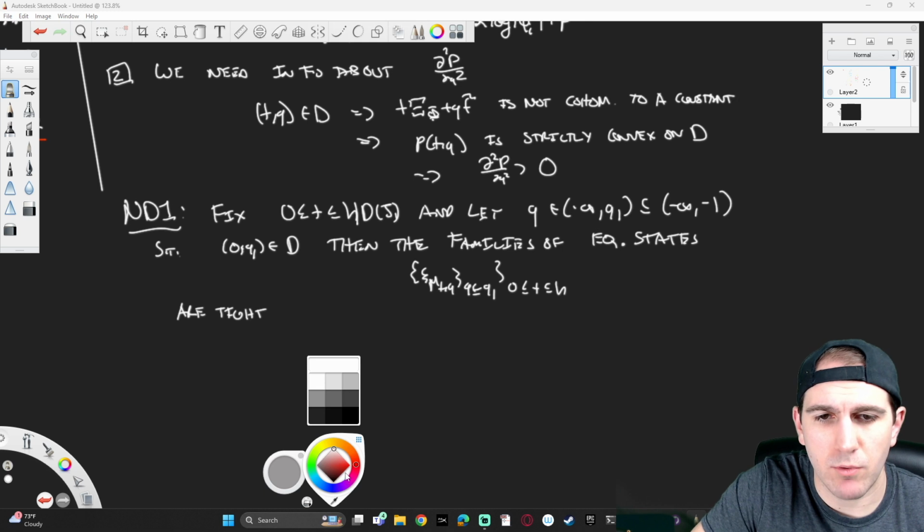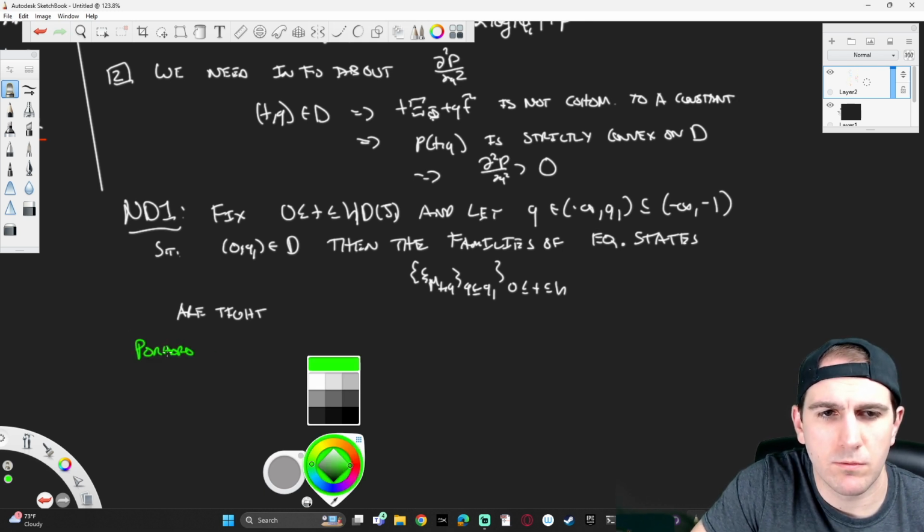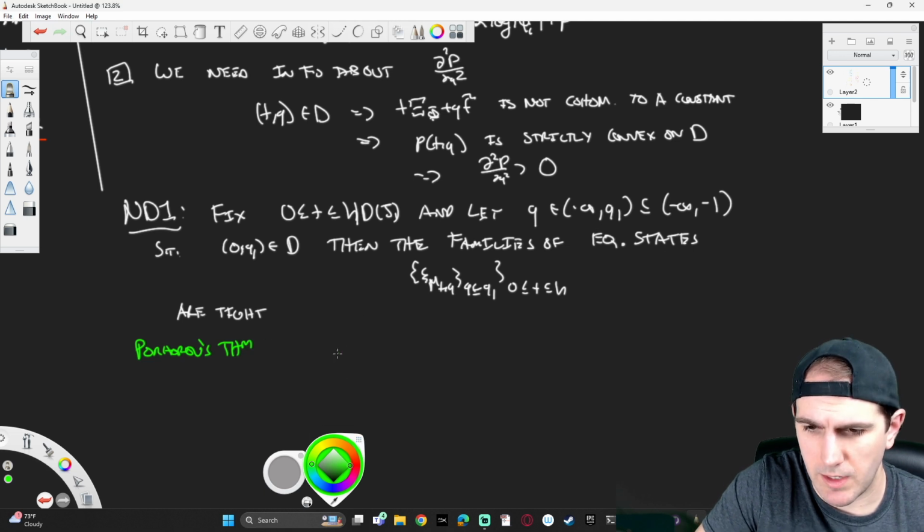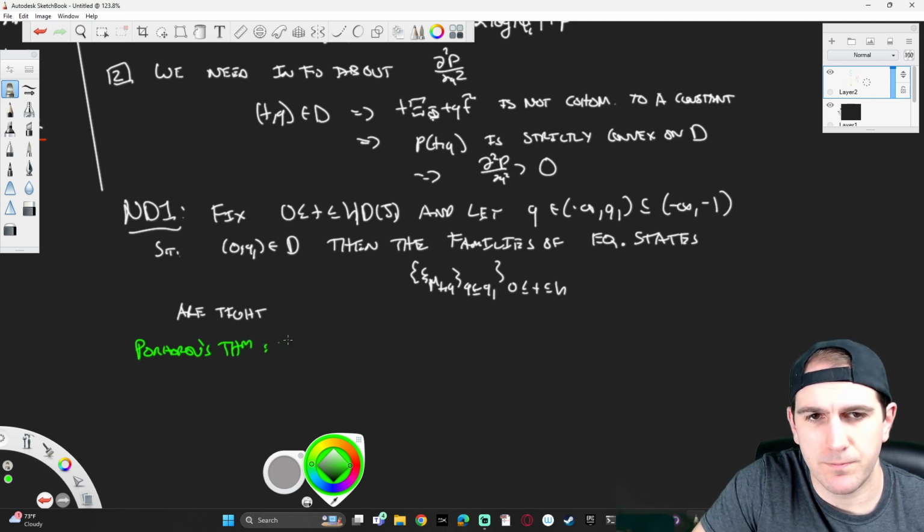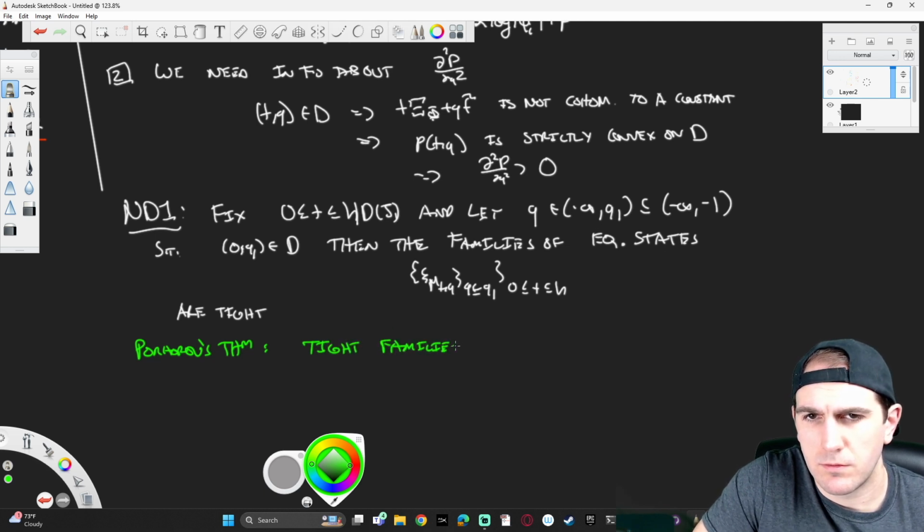And so Prokhorov's theorem tells us that tight families of measures are relatively compact.